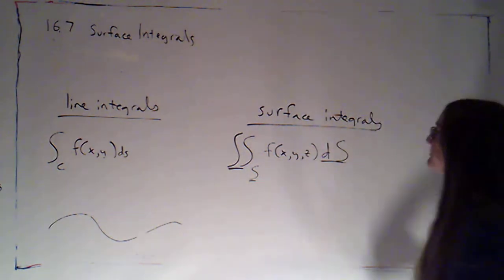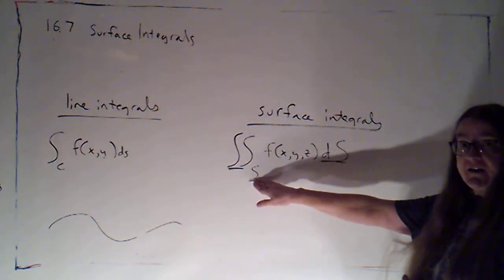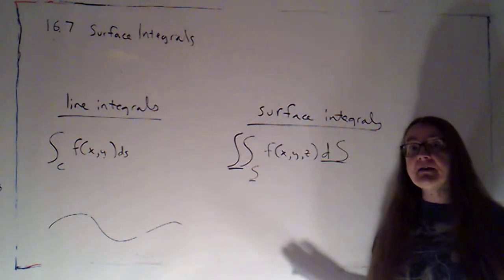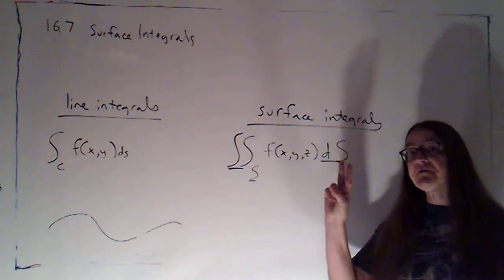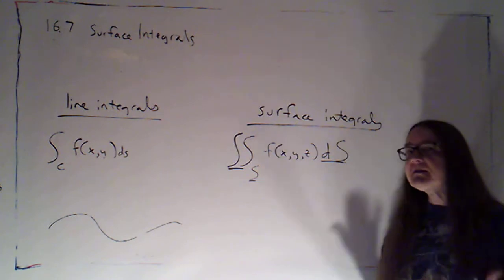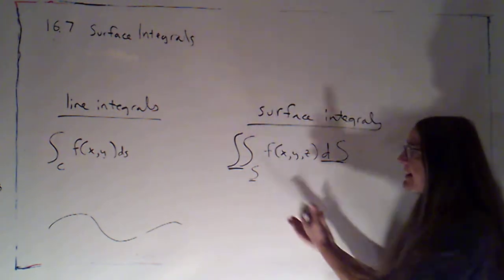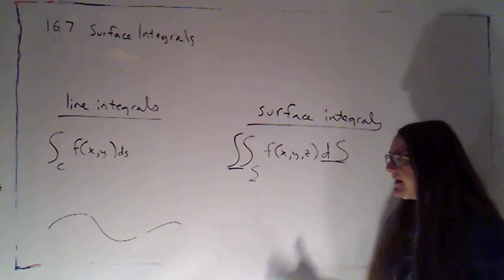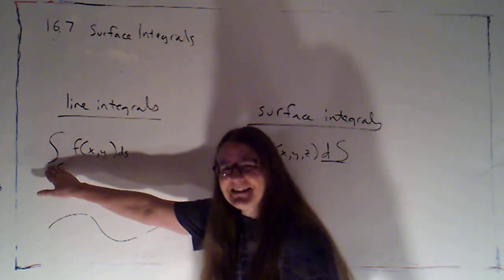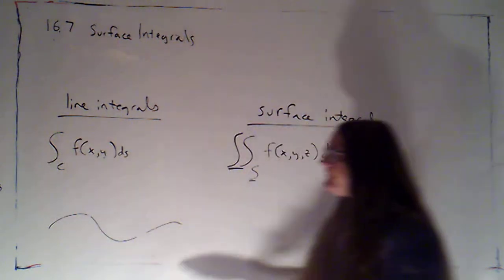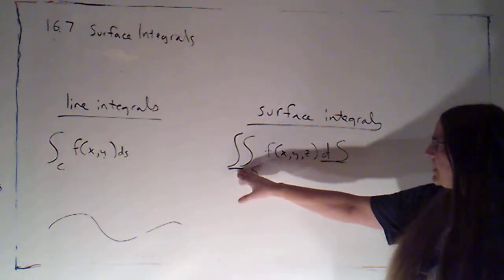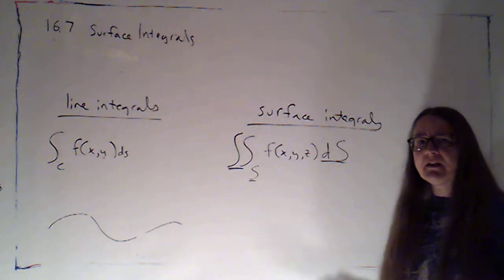When I have a 2-dimensional surface, even if it's living in 3 space, I can describe it in terms of 2 parameters. The reason that's so important is if we're setting up an integral, if I'm integrating over a 1-dimensional object, it's going to be a single integral. If I'm integrating over a 2-dimensional object, it's going to be a double integral.